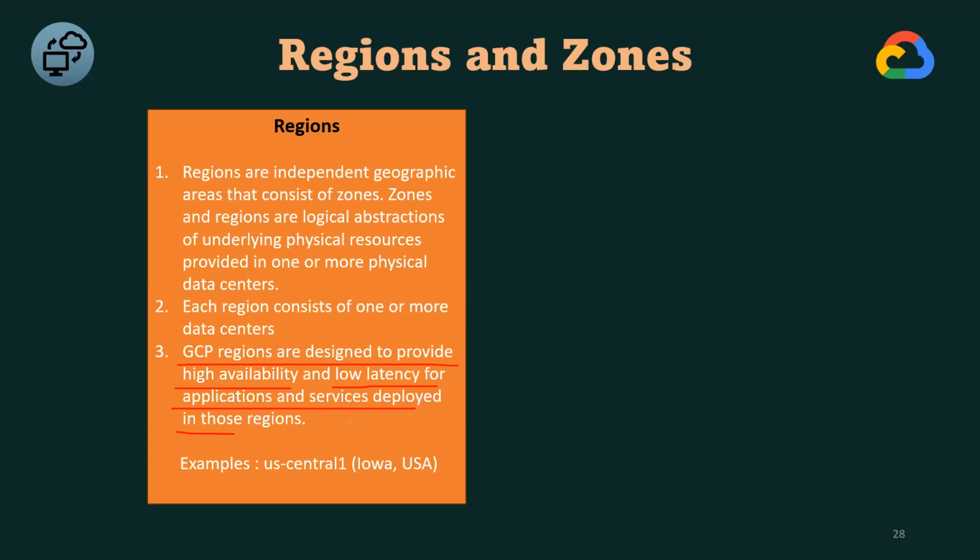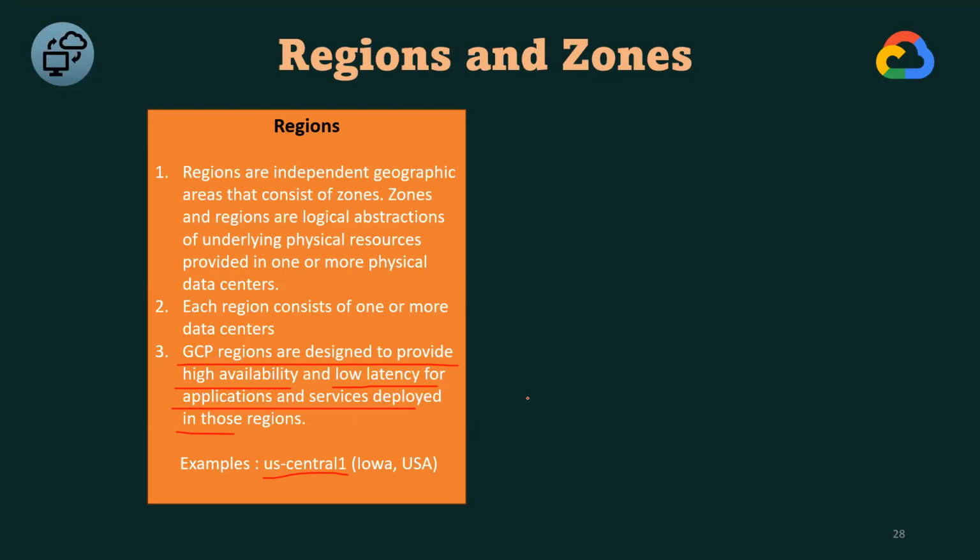Okay, so one of the regions is US Central One. If you take one region as an example, it is in Iowa, USA. You call it US Central One. A region is an independent geographic area in a location. Regions consist of zones, and regions and zones are logical abstractions of underlying resources.